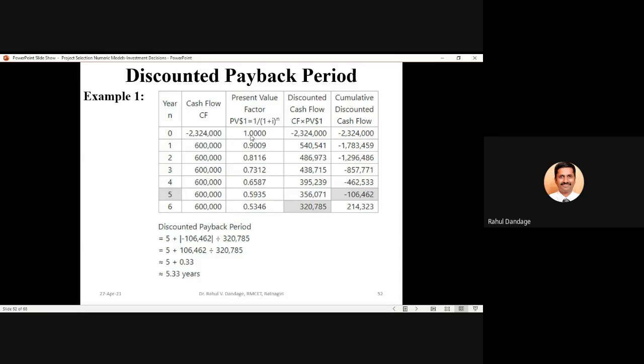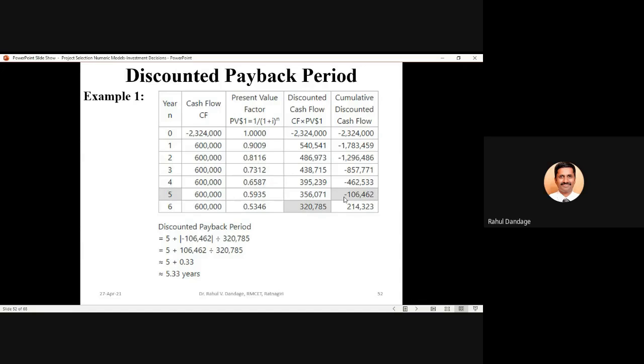The cash flow multiplied by the present value factor will be the discounted cash flow for all the years, and then we can calculate the cumulative discounted cash flow by adding the discounted cash flow for the next period every time. So you can see for period 5, your cumulative discounted cash flow is negative, but for period 6 it is positive.